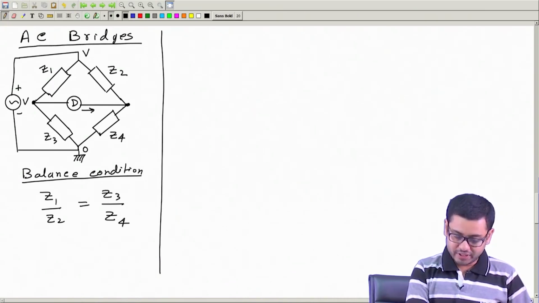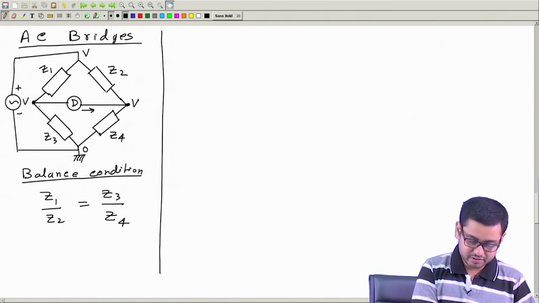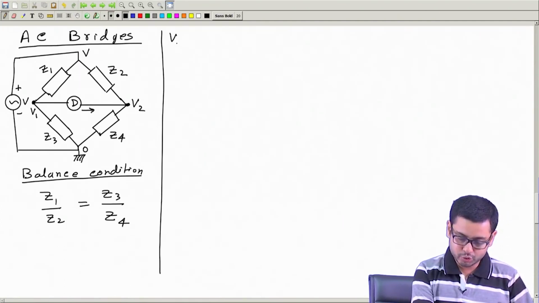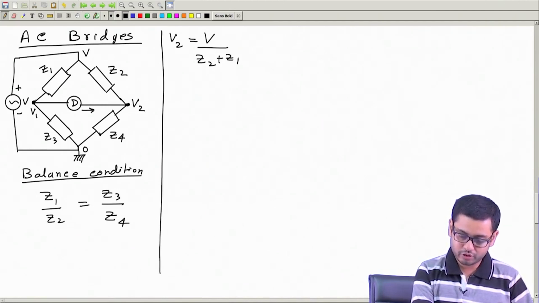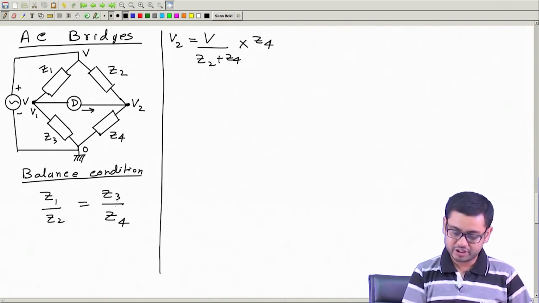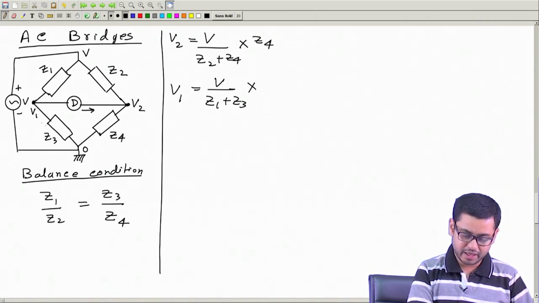The potentials at these points we call V1 and V2. We can write V2 using the potential divider rule as V divided by Z2 plus Z4, multiplied by Z4, and similarly V1 will be V divided by Z1 plus Z3, multiplied by Z3.